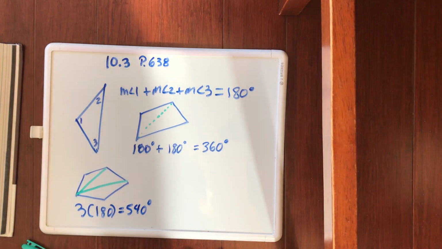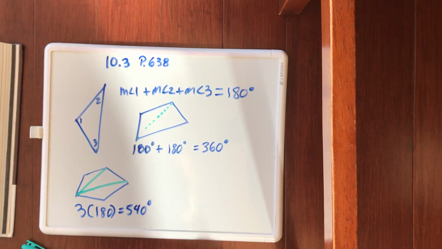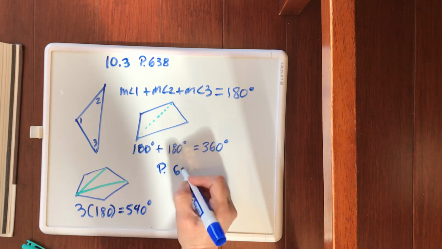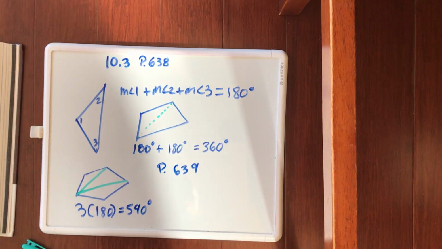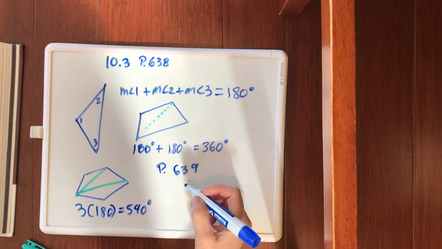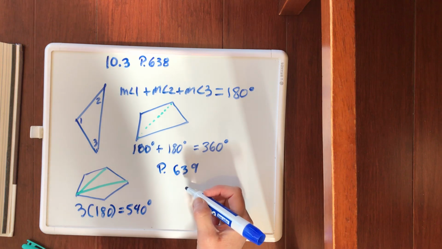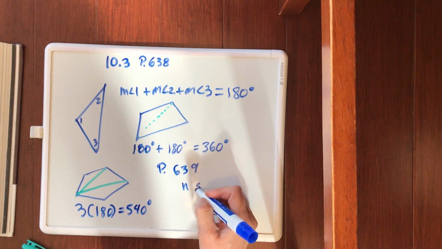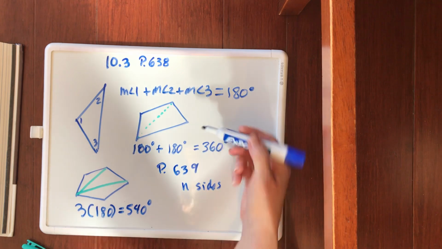Okay, so now we came up with a formula that's in your book, and it's on page 639. It says the angles of a polygon. The sum of the measures of the angles of a polygon with n sides. That means in this case we had 4 sides.